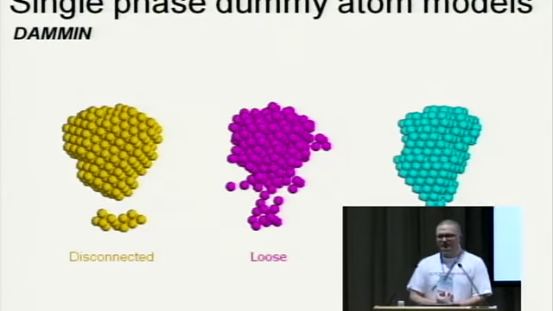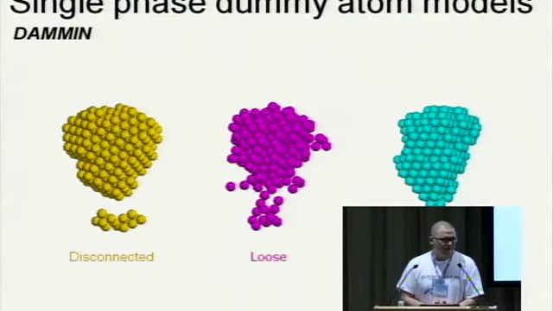However, we have a program called Damin, and this program is an implementation of this algorithm. However, we can come up with various shapes that would fit the experimental data equally well. For example, these three shapes all produce the same scattering pattern that is a good fit to the initial experimental data.